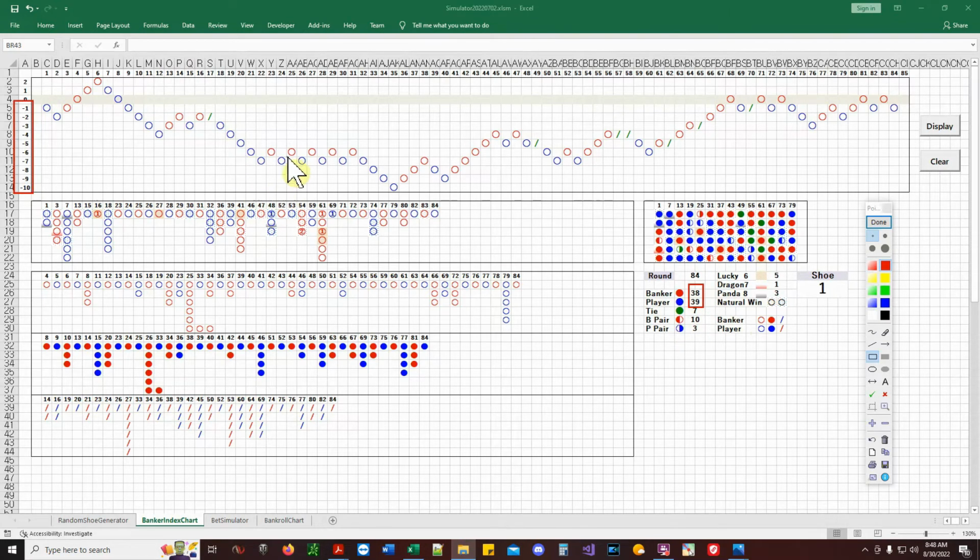But what I realized when I started going through these charts was, you see these two bankers right here starting at hand 14? At hand 14 and hand 16, we're hitting lower highs.